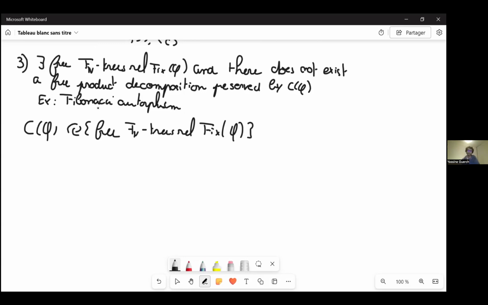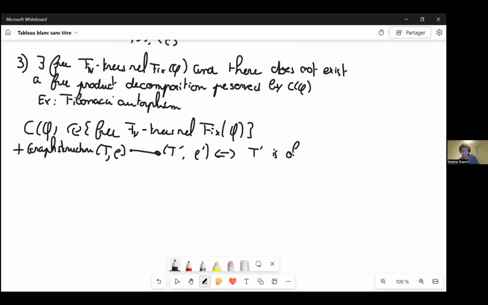We will give a graph structure out of this set, where two trees are adjacent whenever T' is obtained from T by collapsing some edges.